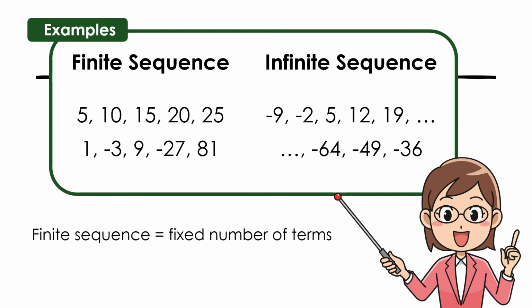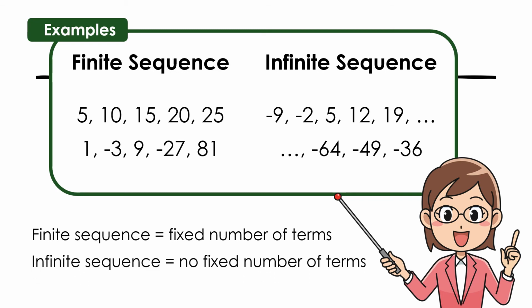In finite sequence, there is a fixed number of terms, meaning the sequence given is not continuous. While in infinite sequence, there is no fixed number of terms, meaning that the given sequence is continuous.